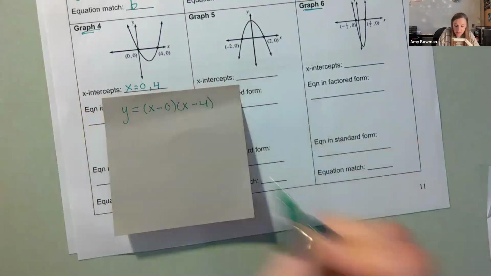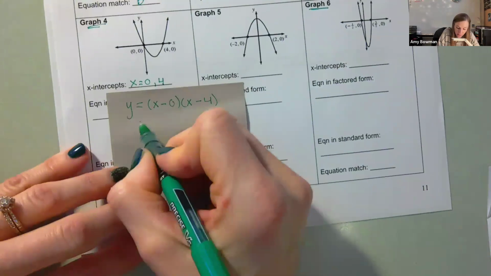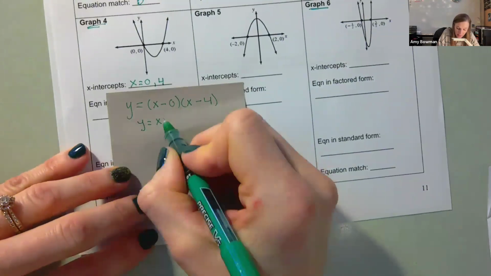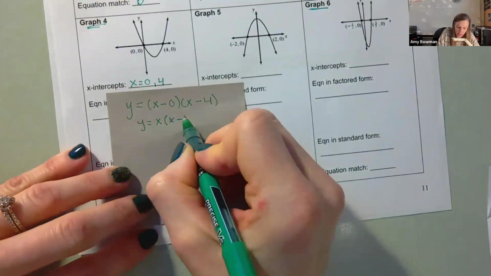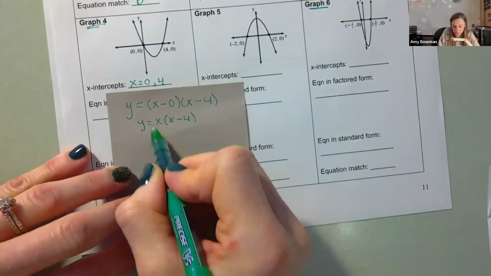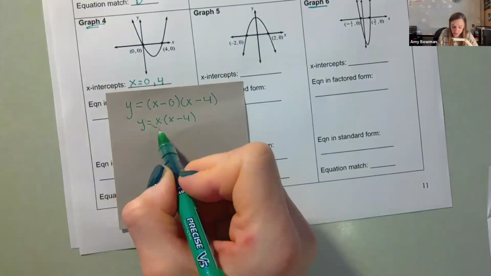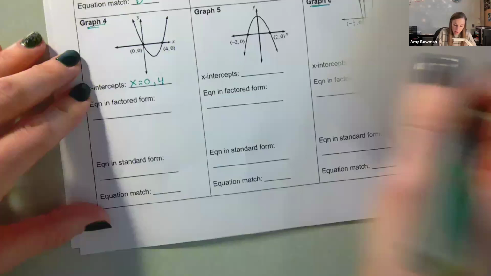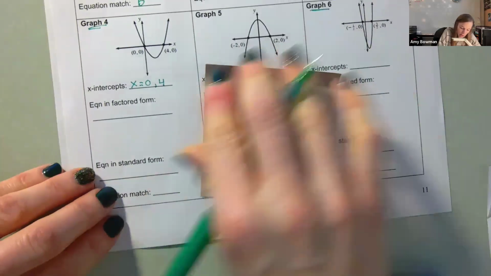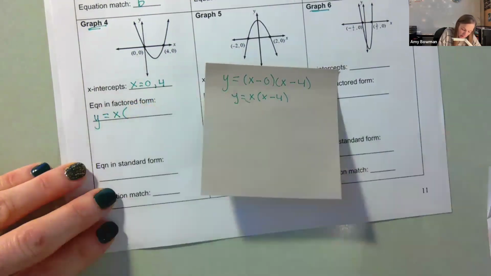But since x minus 0 is just x, this factored form is just x times x minus 4. So this looks different, but this x right here means that one of its intercepts has to be just at 0 itself. So that's how we get factored form for this one, y equals x times x minus 4.